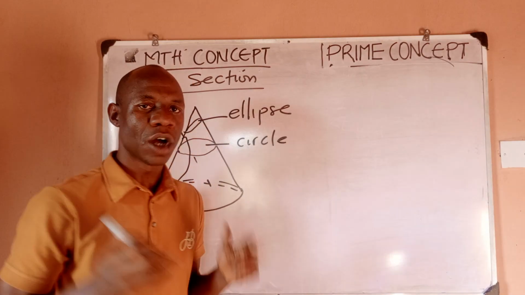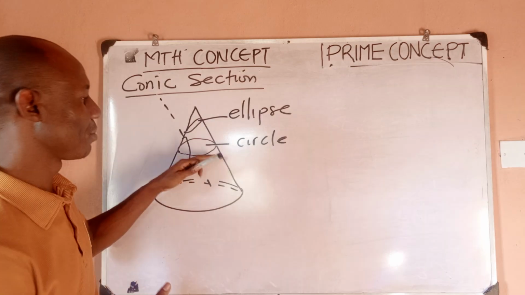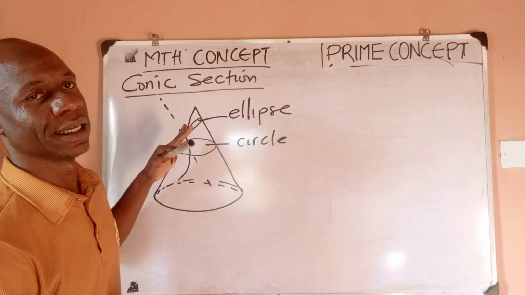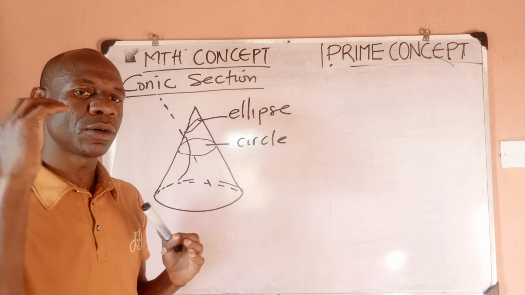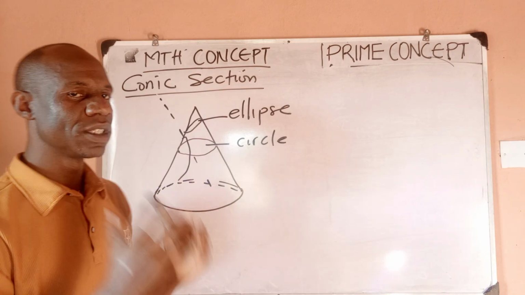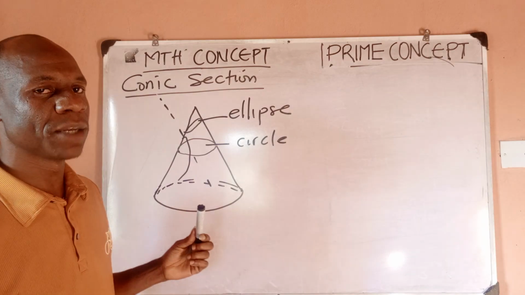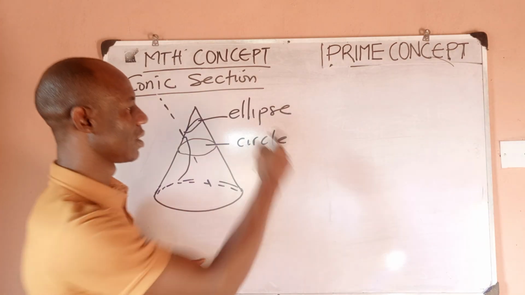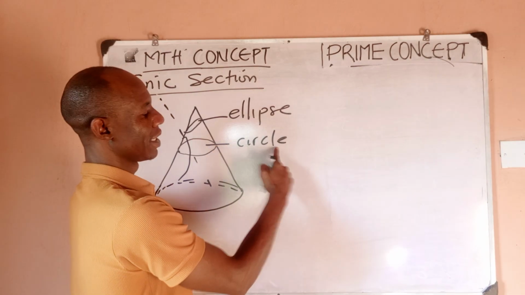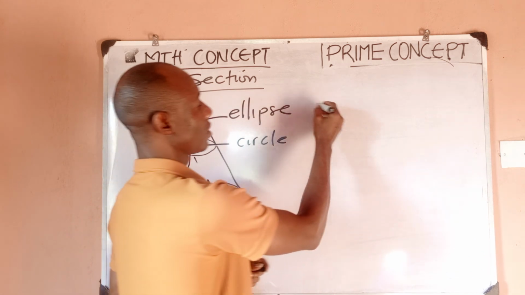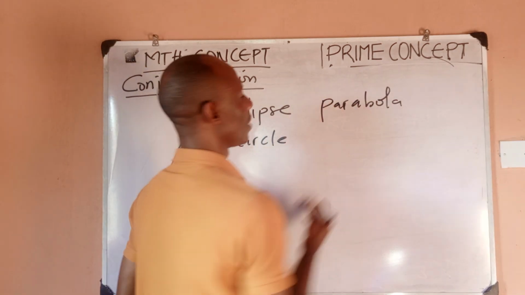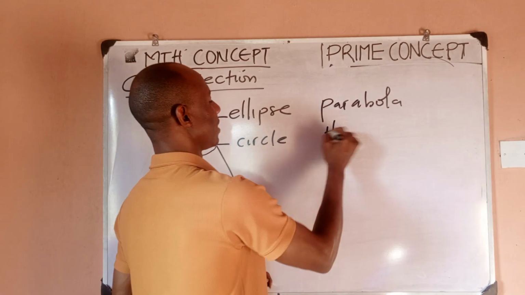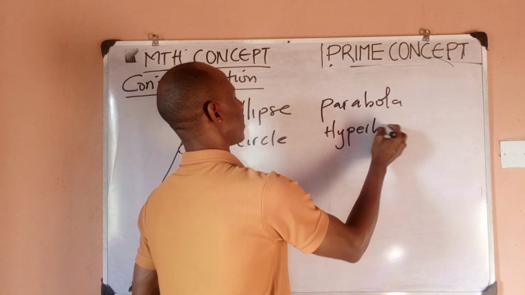All these different shapes that can be gotten by slicing a cone are part of what we know as conic section. So what are the shapes that make up the conic section? The ellipse is one, the circle is part of the conic section, the parabola is part of it, and then the hyperbola.